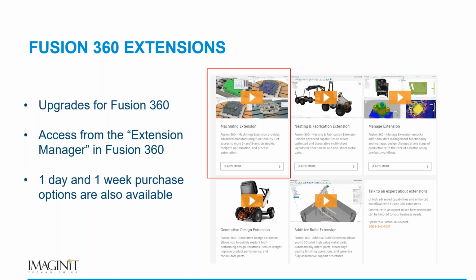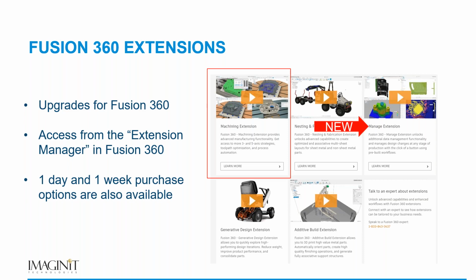The adaptive build extension allows you to program for 3D printed, so SLS machines. If you're doing 3D printed metal, you can simulate and set up your print directly in Fusion 360. And then new, they just released this last week, the Manage extension. It used to be called Fusion Lifecycle Management.